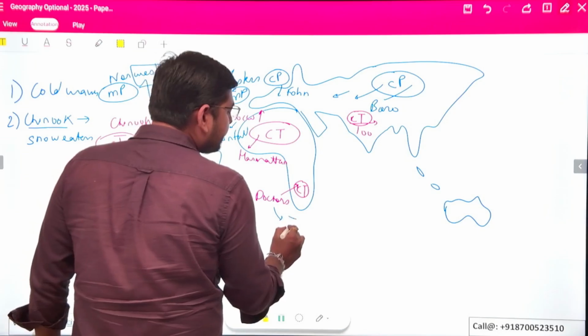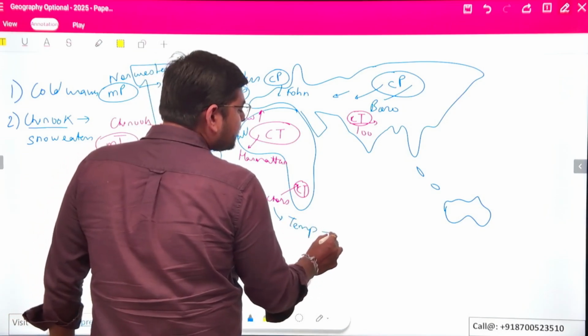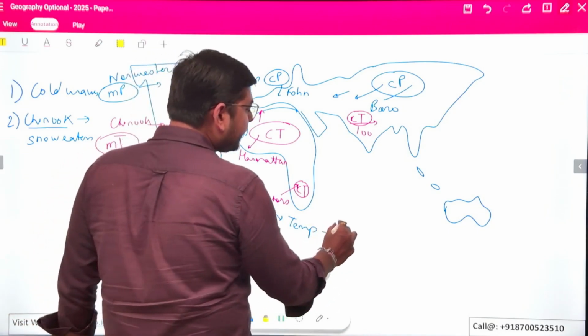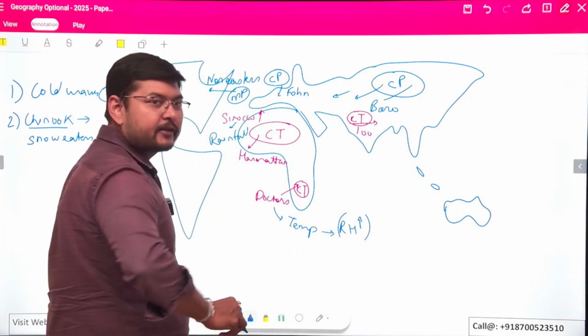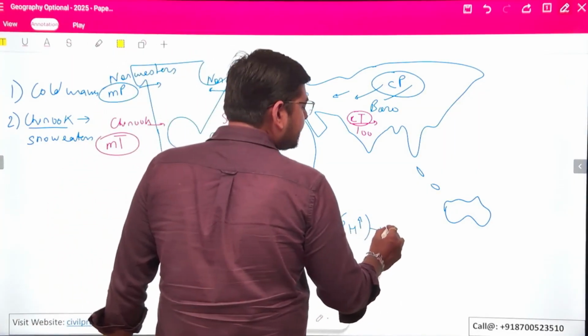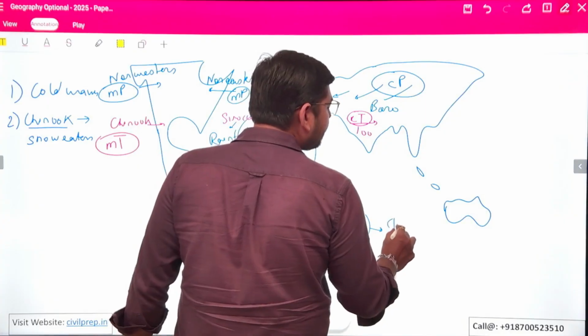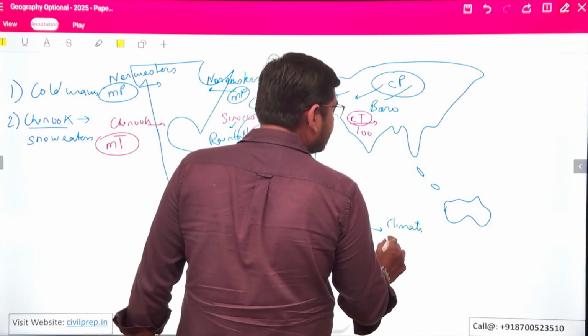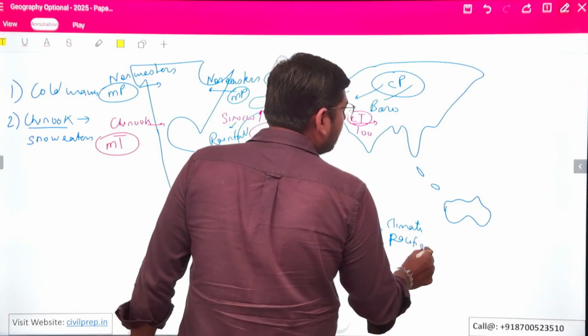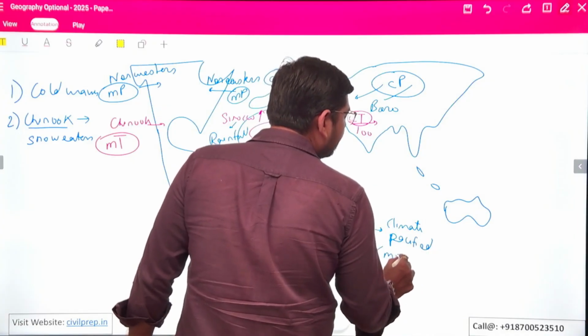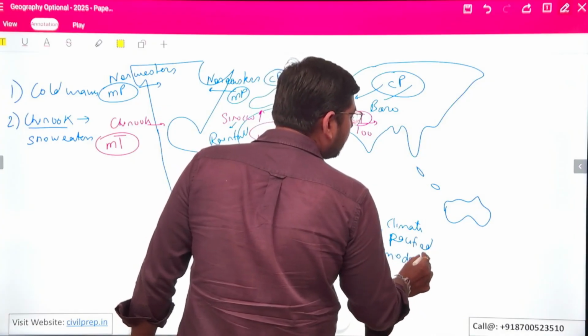It increases temperature, and because of the increase in temperature, the relative humidity increases. Because of the increase in relative humidity, the climate of the region is pacified, or we can call it a moderating effect.